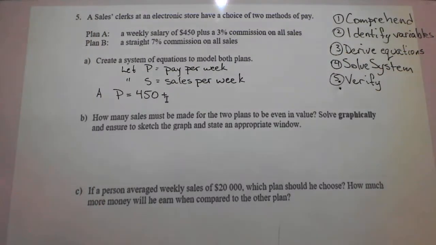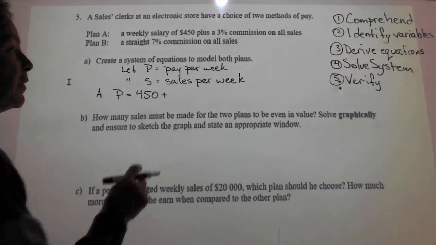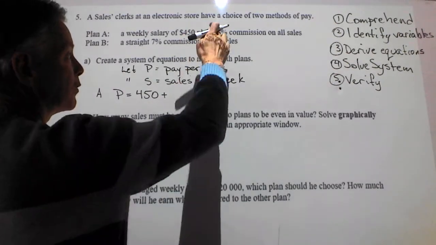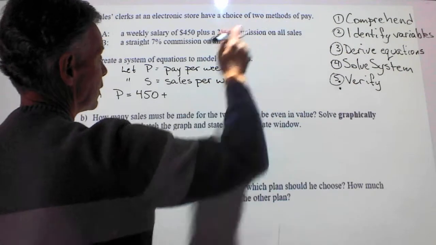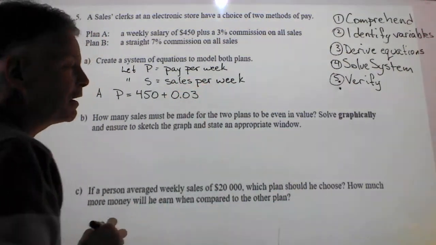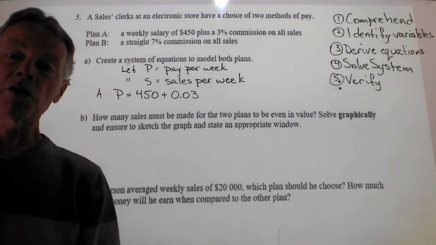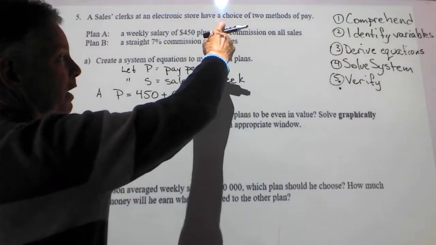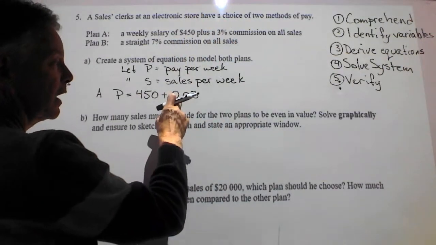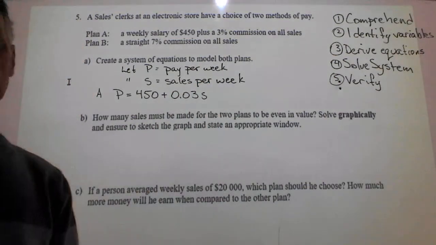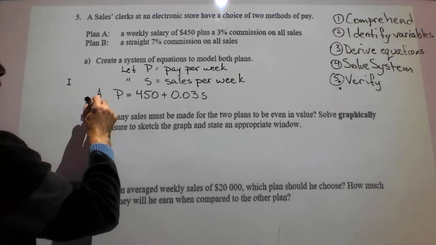And to that, we get a 3% commission. Now, it's 3% of all sales. So, remember from 10-3 math, we never use percents in an equation. We always convert to a decimal. To convert from a percent to a decimal, remember you divide by 100 or move the decimal 2 places to the left, as I've done here. 0.03 of sales.